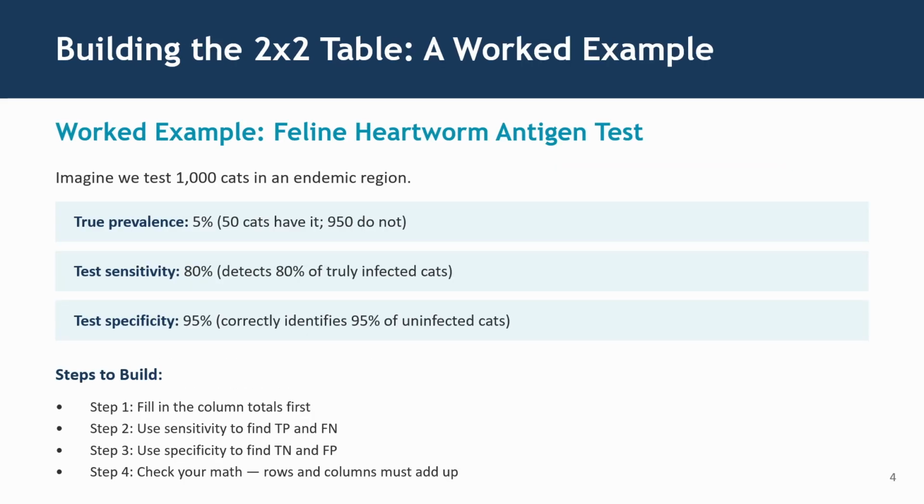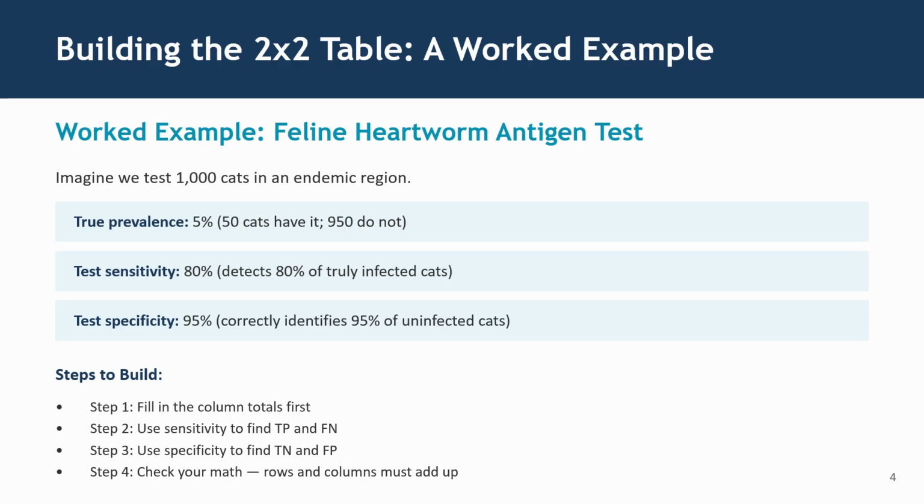Let's build one together. This is the most important skill in this talk, being able to construct and populate a 2x2 table from scratch. I'm going to walk you through it step by step. Our scenario, we're testing 1,000 cats in a heartworm endemic region. The true prevalence of feline heartworm disease is 5%, meaning 50 of our 1,000 cats actually have heartworm, and 950 do not.